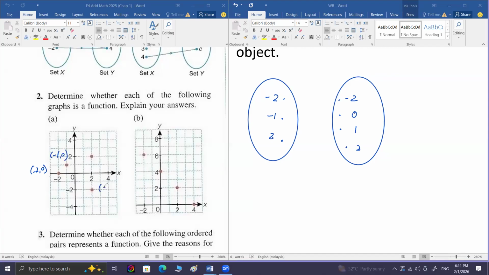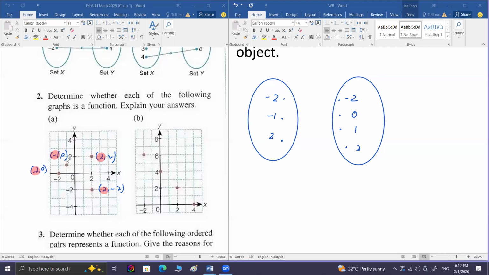This one is 2, -2. This one is 2, 2. So what I meant is you get all the x coordinates: -2, -1, and 2.